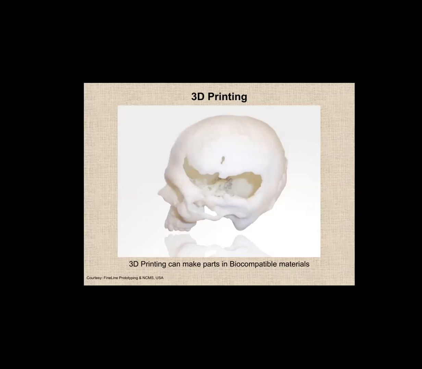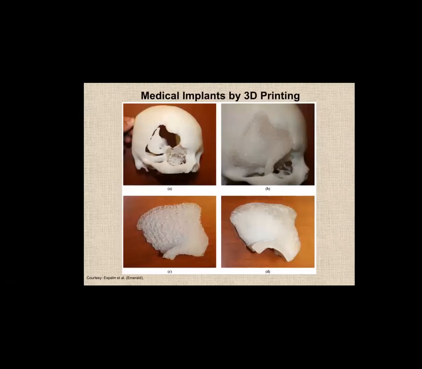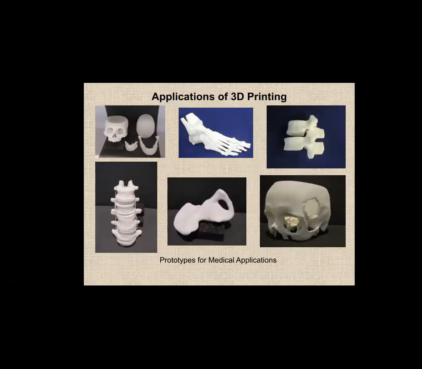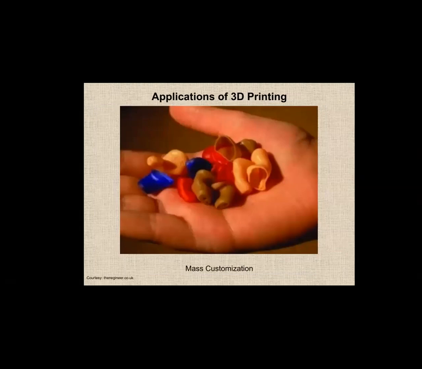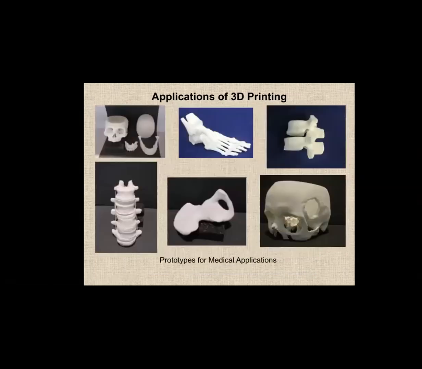So next, see, medical implants. These are the medical implants, various medical implants. Sir, previous slide, please. So arm, spinal cord. Nowadays they are manufacturing backbones, I mean spinal cords.